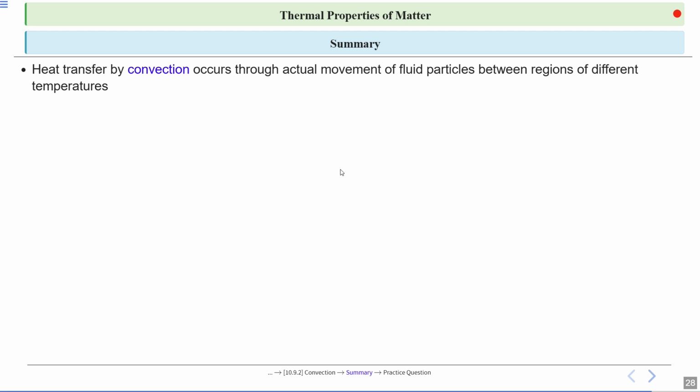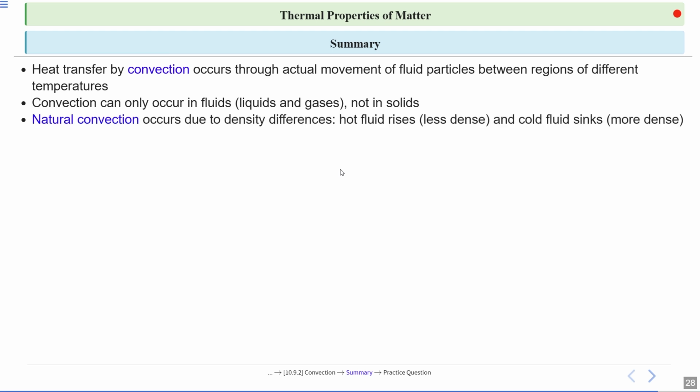Summary. Heat transfer by convection occurs through actual movement of fluid particles between regions of different temperatures. Convection can only occur in fluids, liquids and gases, not in solids. In solids, the transfer of heat is by conduction.